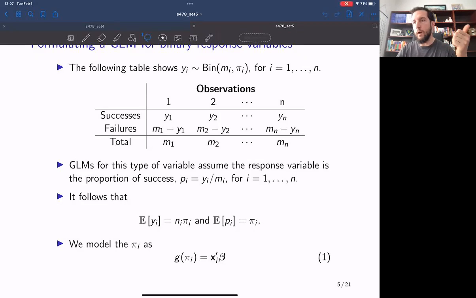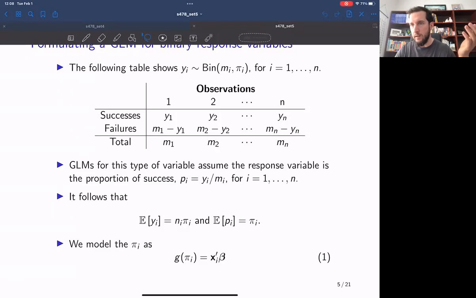Right. When we construct a GLM for a binomial response, we're actually modeling the probability of success. The output that we're going to get from a binomial GLM, you can get a variety of different things from it, but one of the most common outputs is going to be the probability of observing the success, whatever that might be in the given scenario.